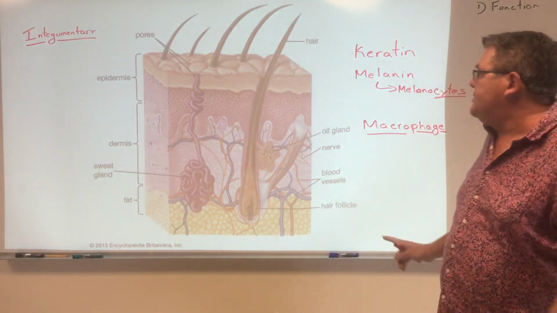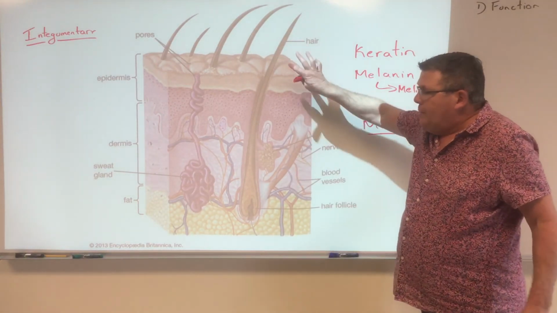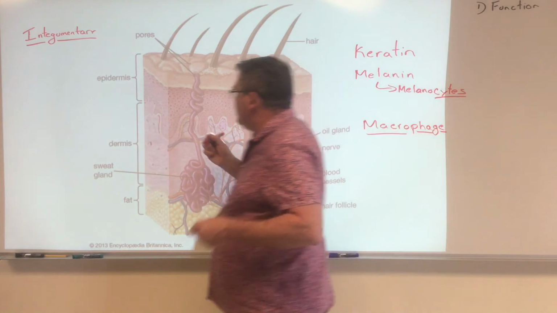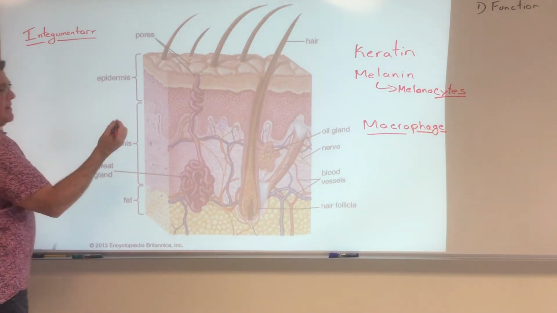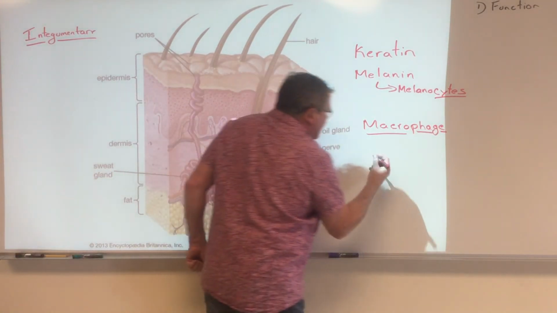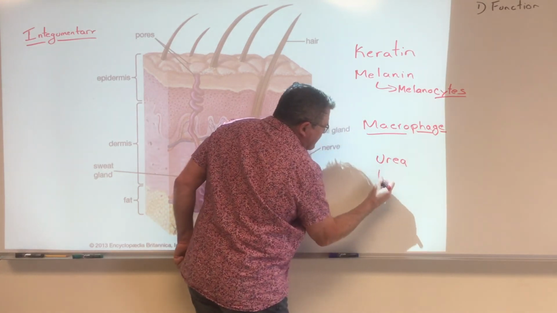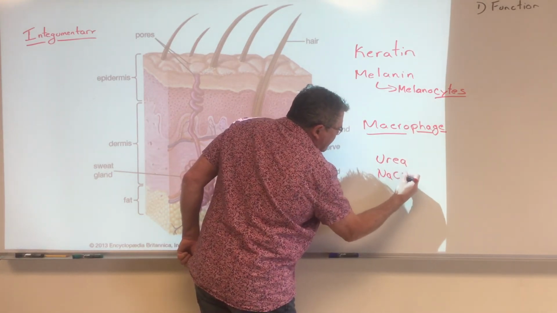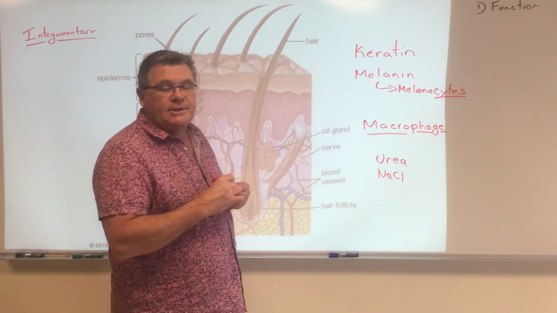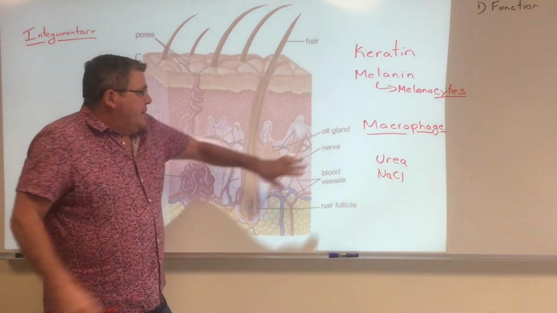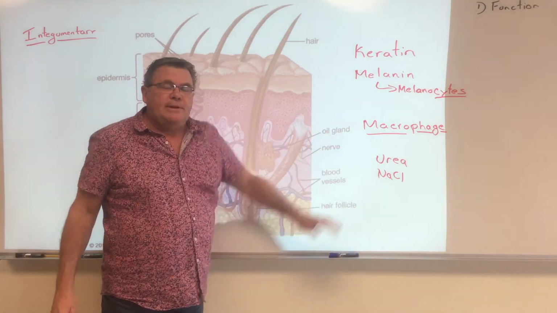Excretion will go in the opposite direction. We can excrete onto the surface, and a couple of things that I'll try and make room for over here: urea and sodium chloride, or salt. Some of you might have experienced this directly.